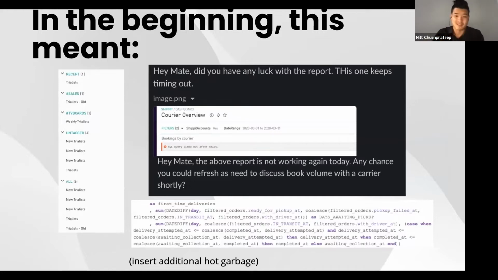The structure is a little awkward and strange. And if I look at the sidebar, I've got so many dashboards called trial lists, so many queries called trial lists, and there's no real source of truth as to what's going on. So the original implementation of Shippit's structure was basically querying a Postgres, because that's what you do as a startup.